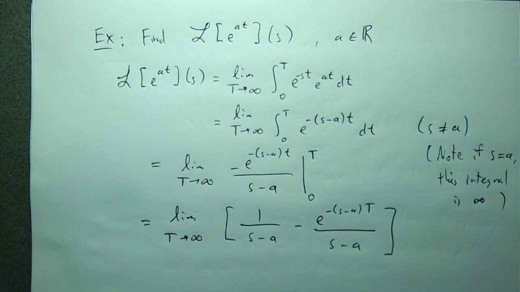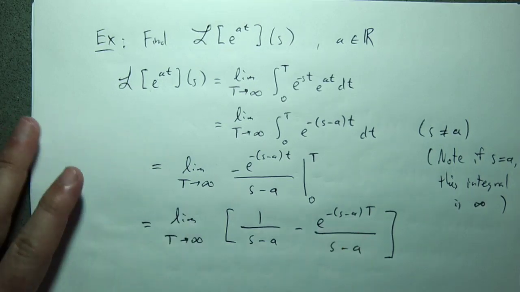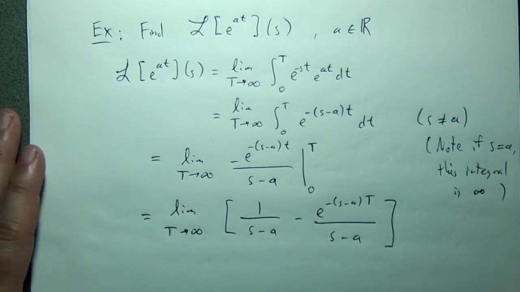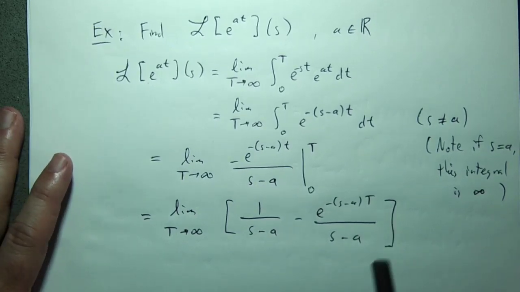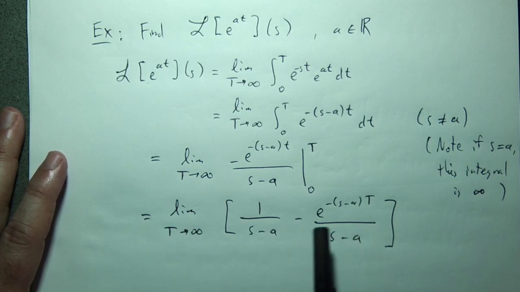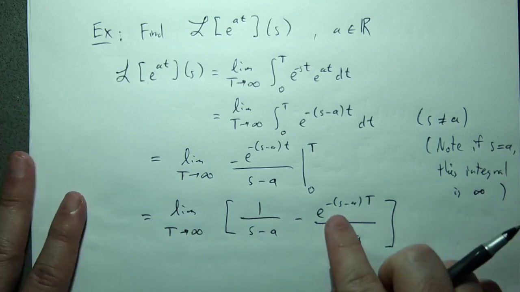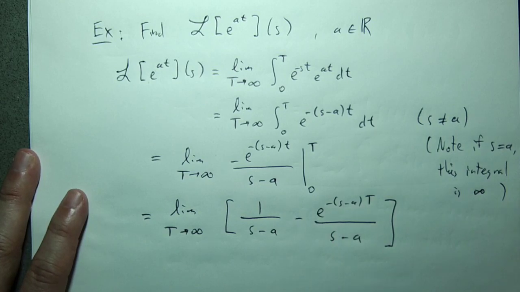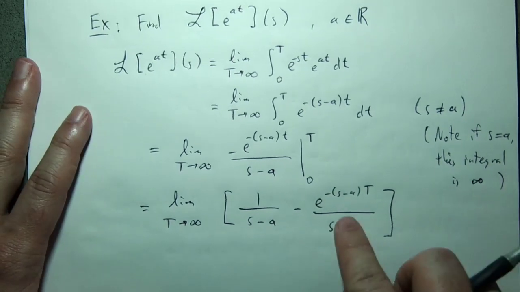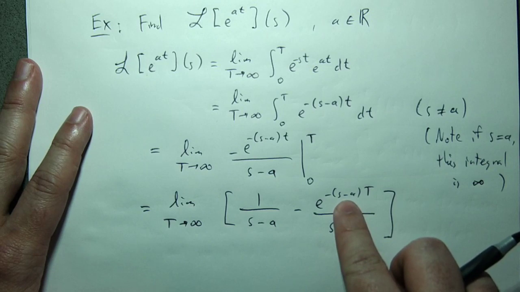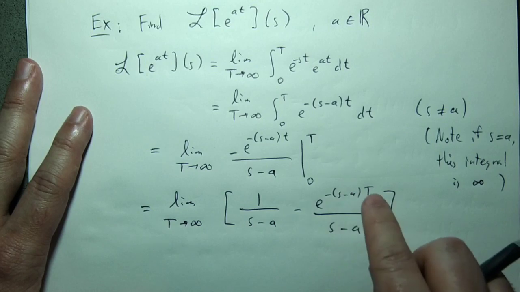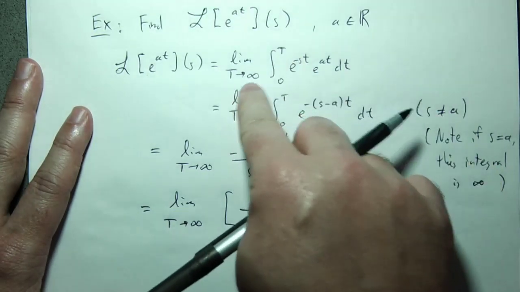Well, this first term doesn't depend on big T at all, so that's fine. This second term definitely depends on big T. What is the limit of the second term? Well, it depends on s minus a. Note, if s minus a is positive, then this is minus a positive number times big T, which is positive.